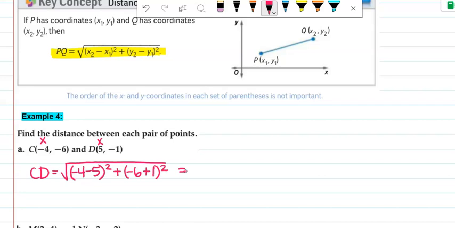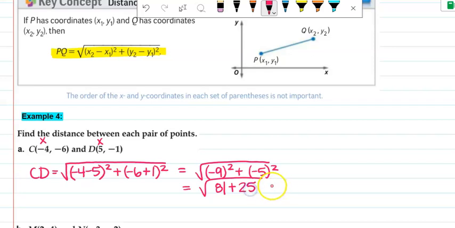If you'd like to simplify the radical, you can do that too. So -4 minus 5 is -9 squared. -6 plus 1 is -5. -9 squared is 81. 5 squared is 25. So this is really the square root of 106.